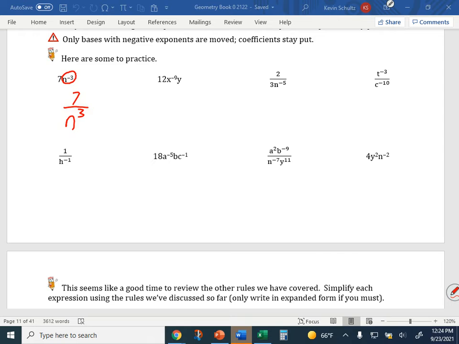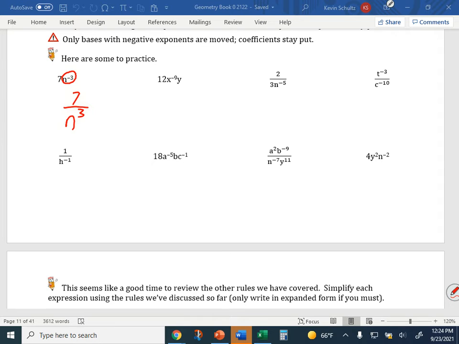We're actually turning negativity into positivity. That's what we're doing, right? 7 over n to the positive third. The coefficient didn't change, stayed where it was. The base moved with the exponent but didn't change. It's still an n. And the power became positive.